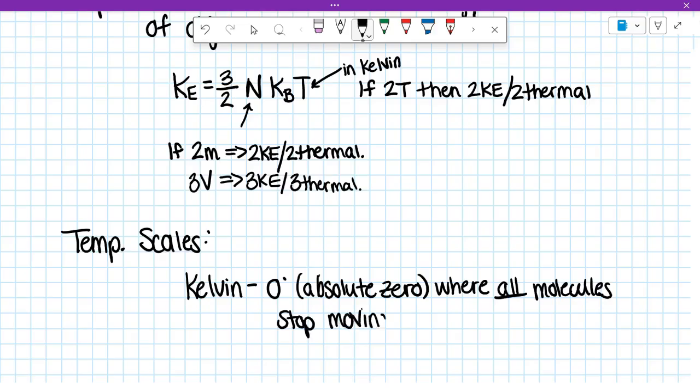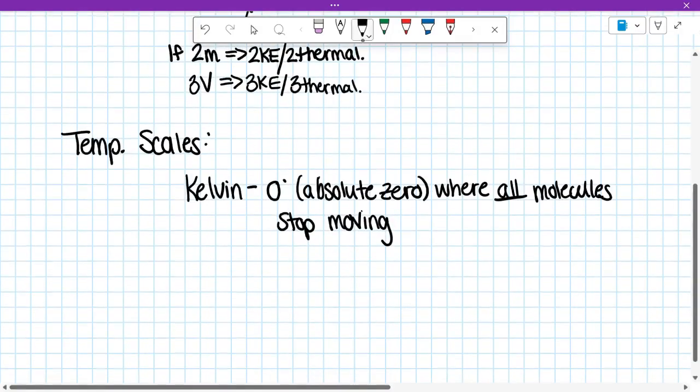Now, we have gotten very close to 0 degrees Kelvin, but we have not gotten to a point where we can freeze all of the molecules. That means the molecules stop vibrating back and forth, the electrons stop rotating around the nucleus, and so forth. So 0 degrees Kelvin, super, super cold. That's based on absolute zero.